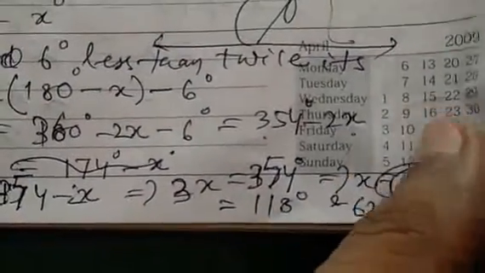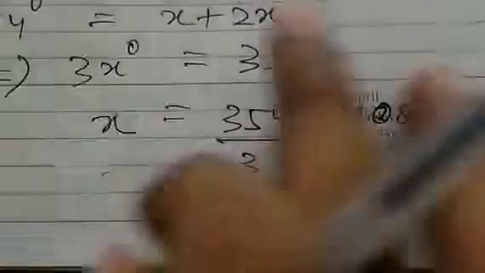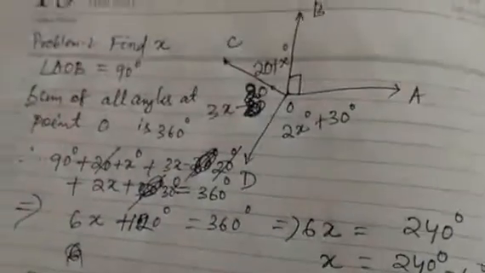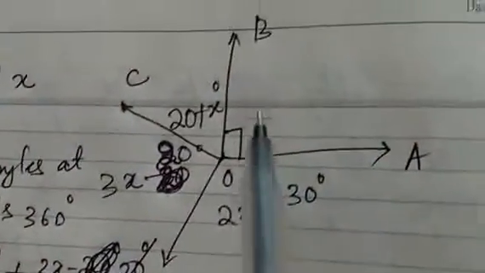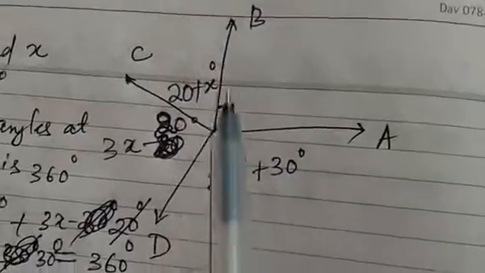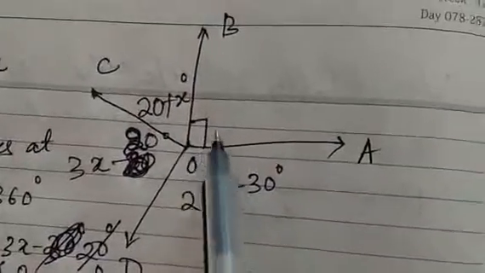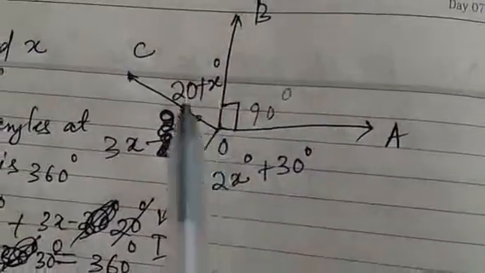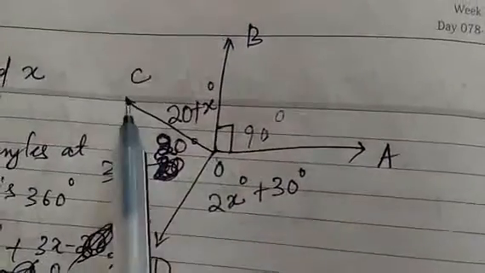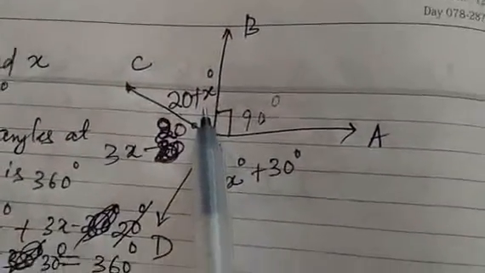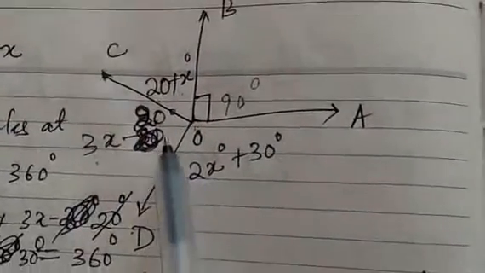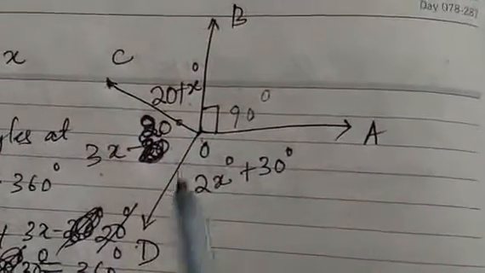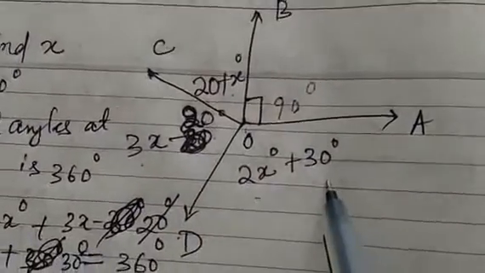Okay? So we have another problem related to angles at a point, as shown in the figure. See carefully. Here angle AOB is a right angle, 90 degree, and angle BOC measures 20 plus x degree. Angle COD measures 3x minus 20 degree, and angle DOA measures 2x plus 30 degree.